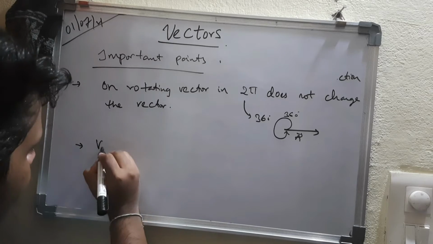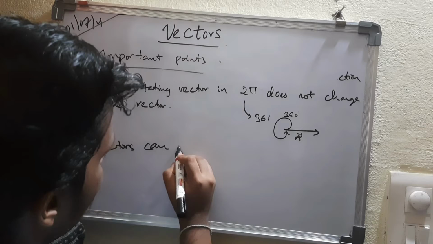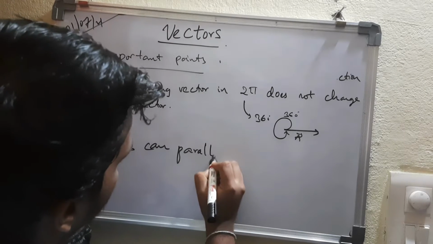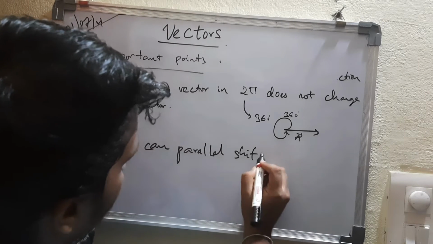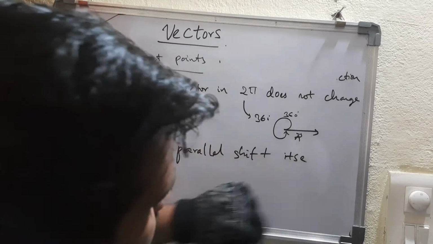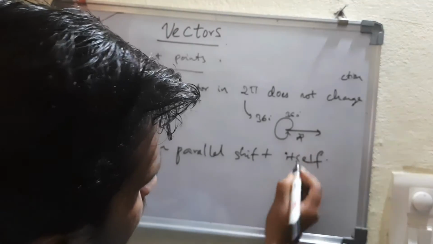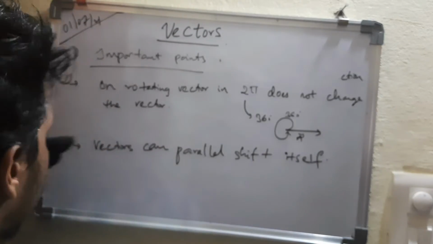So vectors can parallel shift themselves. What do I mean by this point? I'll explain this.